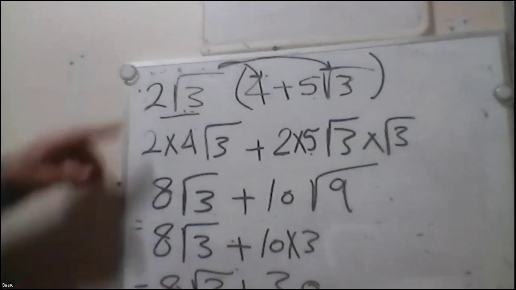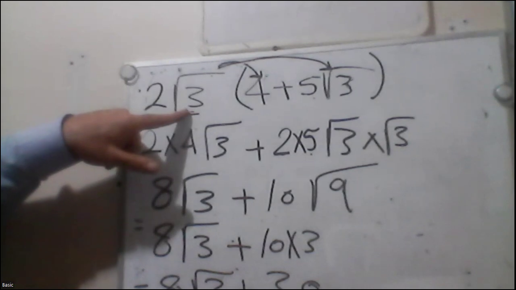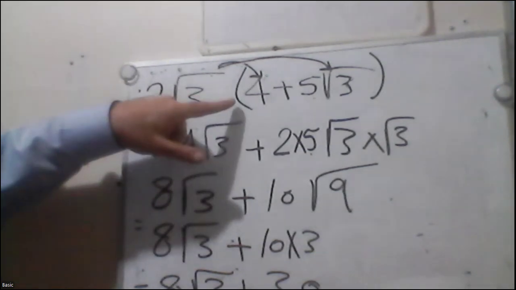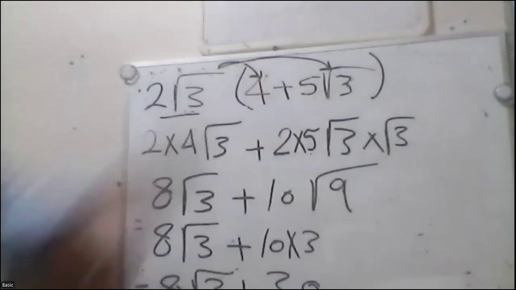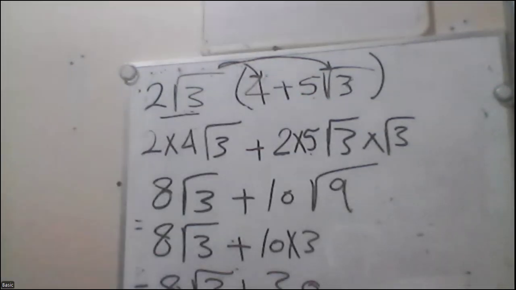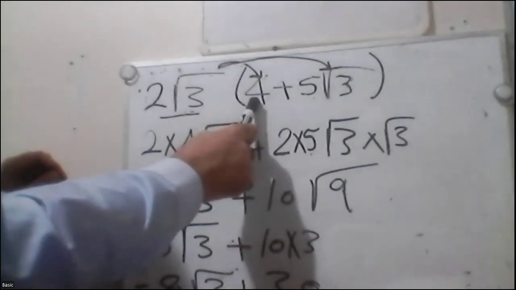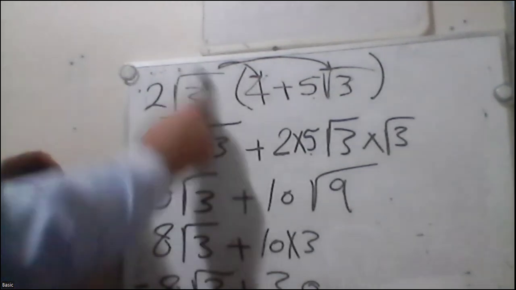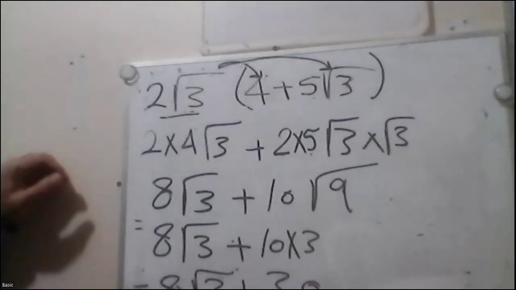Again, I will say 2 root 3 is multiplied by 4 plus 5 root 3. So what I have to do is multiply 2 root 3 by the 4, then another time multiply the whole amount by 5 root 3.